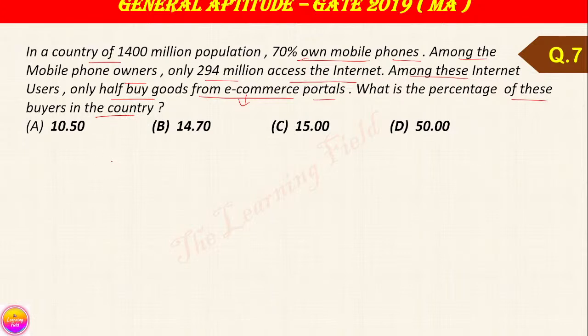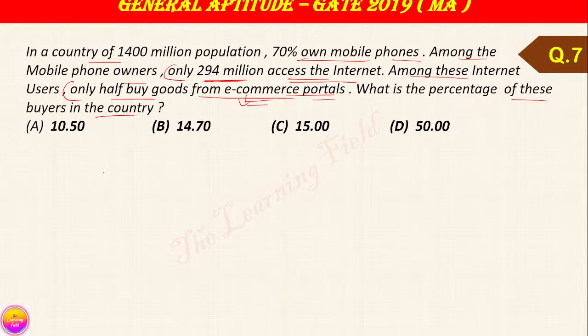First it says that only half buy goods from the e-commerce portals, and from these 294 million who access the internet, because if they access the internet, as internet users they buy goods from the e-commerce site or e-commerce portal, and it says that half of the people buy goods from the e-commerce site.